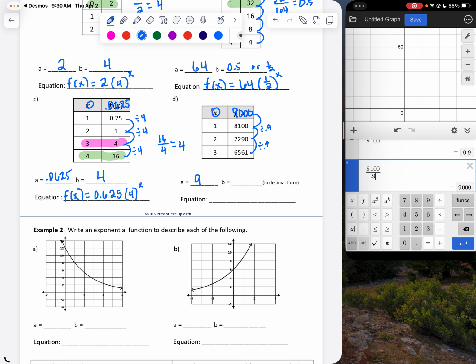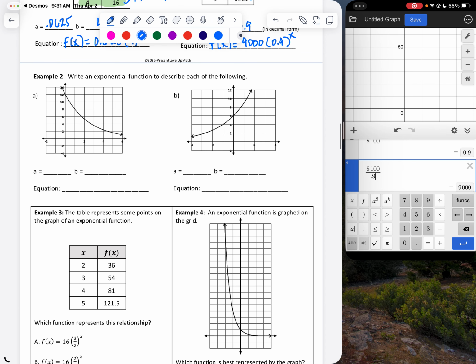So my initial value in this problem is 9,000, and my base, my common ratio, is 0.9. So my equation would be f of x equals 9,000 times 0.9 to the x power.